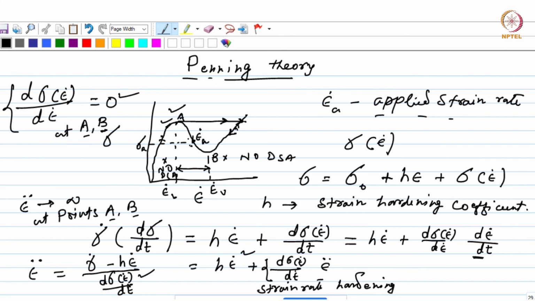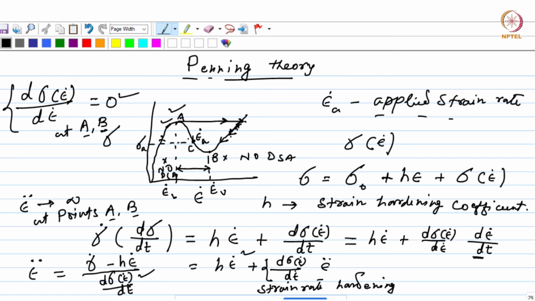Let us call that C, which is the stress at the applied strain rate epsilon dot A. So this stress will try to come to point C following this path, but while doing so, it has to pass through point B.